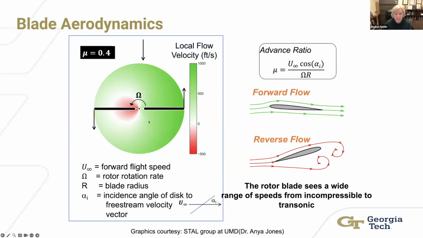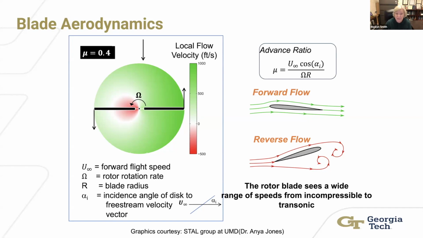In reverse flow, however, we have this area where the airfoil is flying backwards, essentially. So the forward flight velocity is coming from the trailing edge to the leading edge. So now you have essentially a bluff body. And again, if you look at the variation of your speeds, you see that you can go all the way from close to 0 out to the very highest speeds, where you can go into transonic flow.